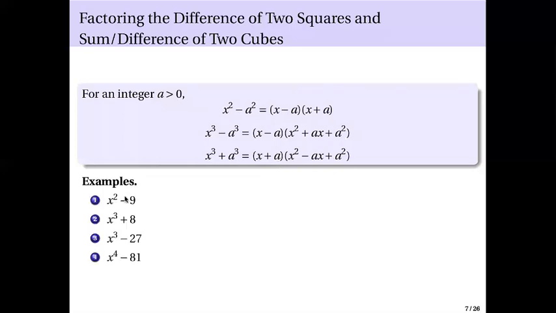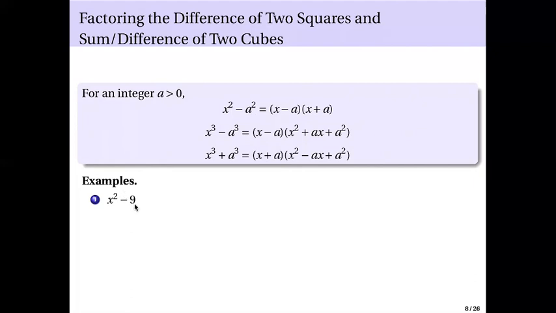Let's look at these examples: x squared minus 9, x cubed plus 8, x cubed minus 27, and x to the 4 minus 81. Let's start with x squared minus 9. Take note, 9 is a perfect square. This a here is a positive integer, so you are squaring it, meaning the term must be a perfect square.